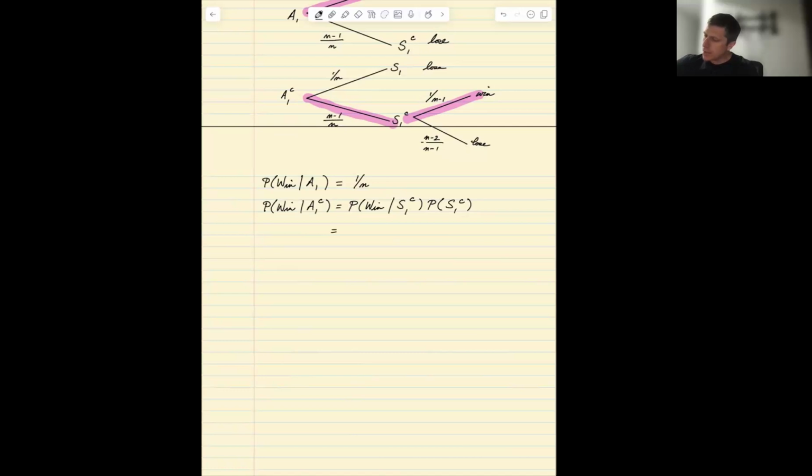The probability that we win given the first card is not special is 1 over n minus 1 by assumption. The probability that the first card is not special is n minus 1 over n. We get cancellation, so it's 1 over n, and we've exhausted the two cases, regardless of what our first assertion is. And so we've proven the claim.